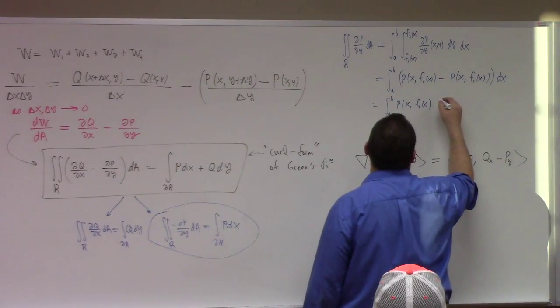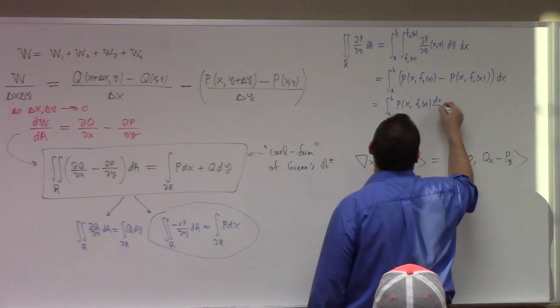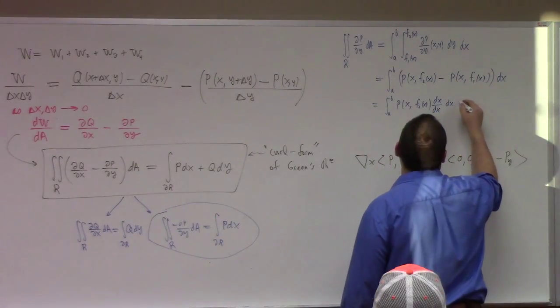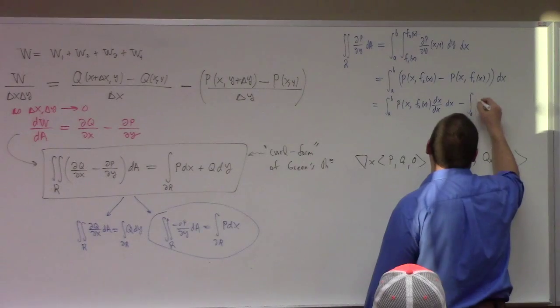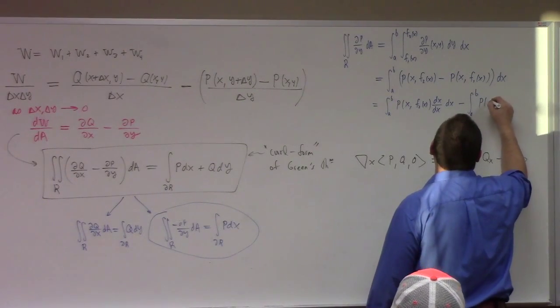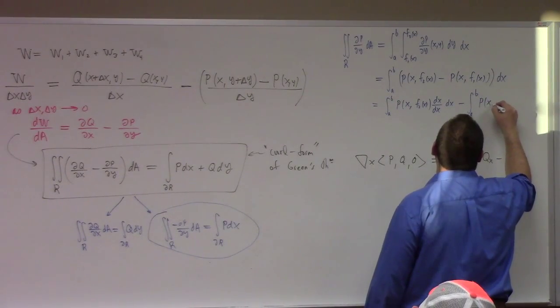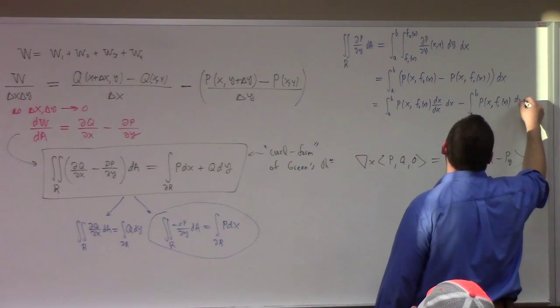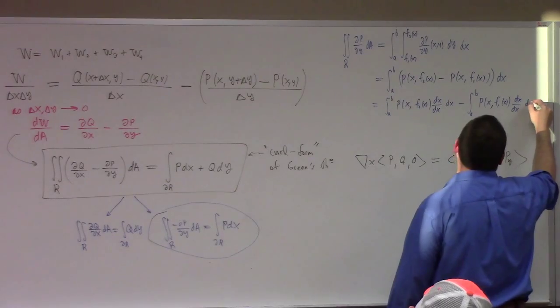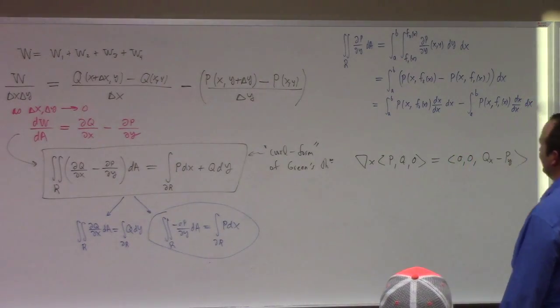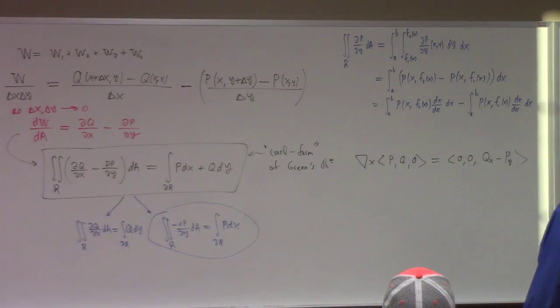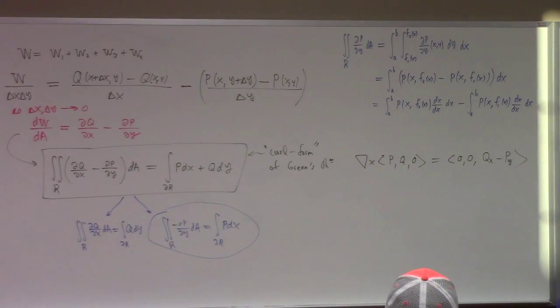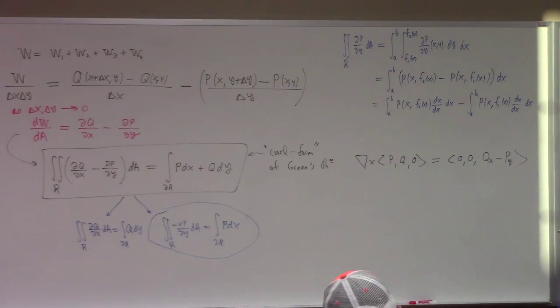I'm going to write this somewhat suggestively as dx over dx. A little bit. Maybe if I rewrote that in terms of if I trade all my x's for t's. Well, anyway, let me behave.